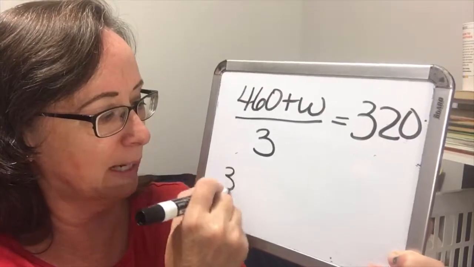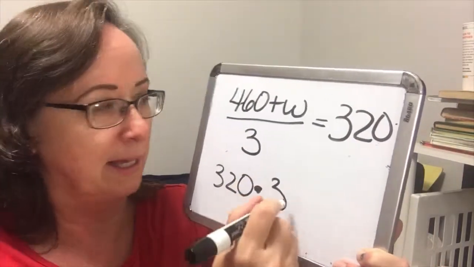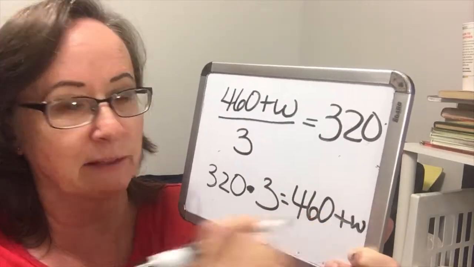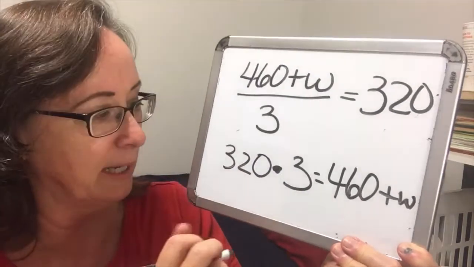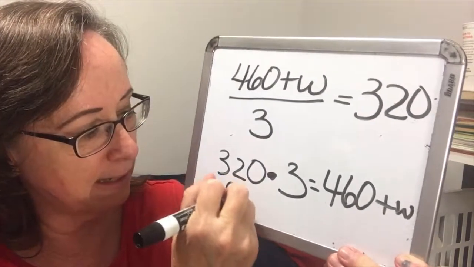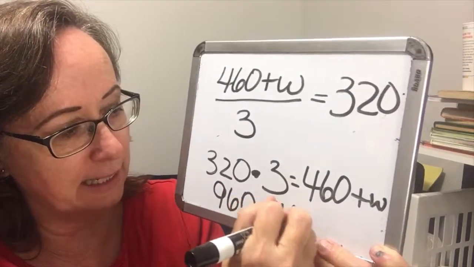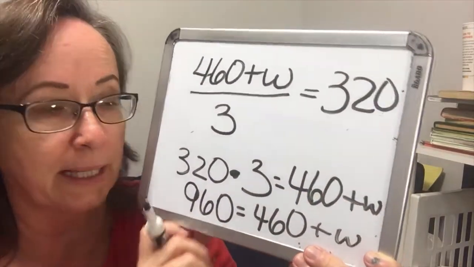So 320 times 3 equals 460 plus the weight of that third piggy. Okay, so 320 times 3 is 960. Is 460 plus the weight of the third piggy.